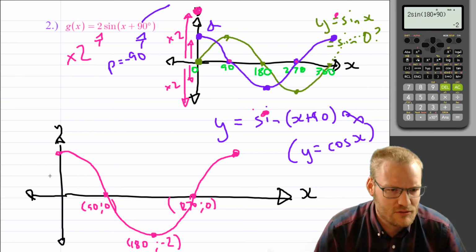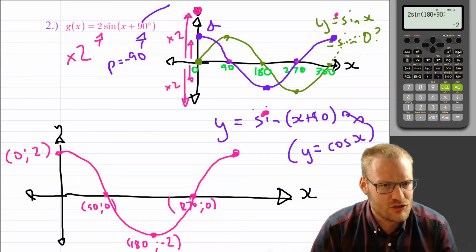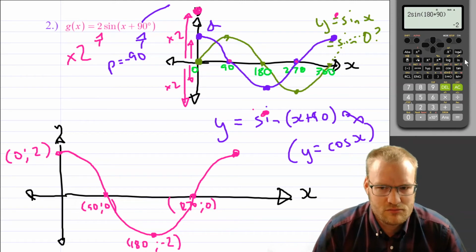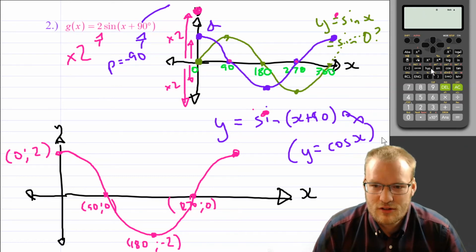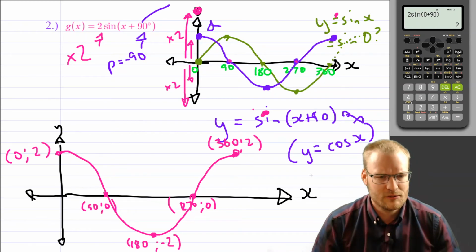This bit here we said it moved up by 2, so we think that it's going to be a 2. Makes sense that it's going from -2 to 2. And I think it's just worthwhile checking this often. So 2 sine x is 0 plus 90. So when x is 0, y is 2. Cool, that matches. And I'll leave you to check that last one.